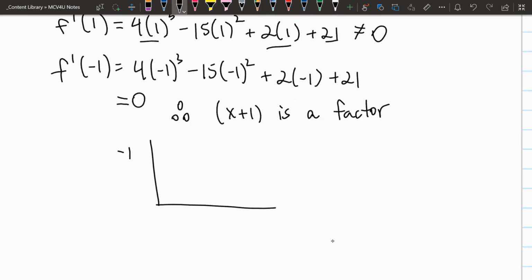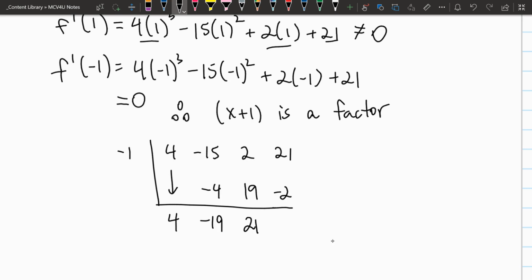Draw our L shape. Write down the coefficients 4, negative 15, 2, and 21. Carry out the synthetic division. Bring down the 4. Multiply with the divisor. 4 times negative 1 is negative 4. Add the next column. Negative 15 plus negative 4 is negative 19. Multiply again. We get positive 19. 2 plus 19 is positive 21.